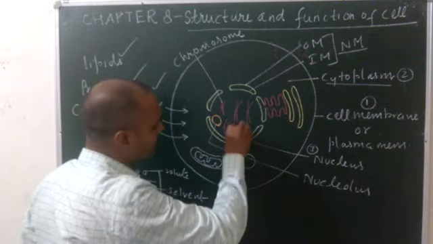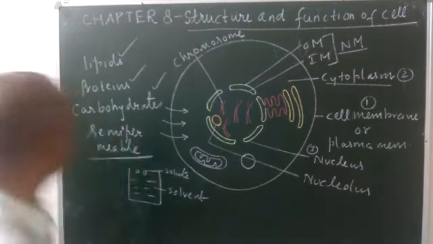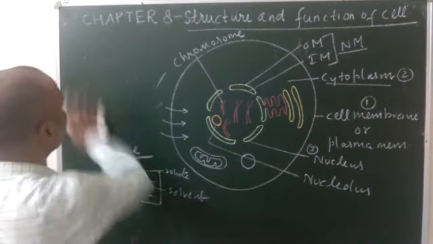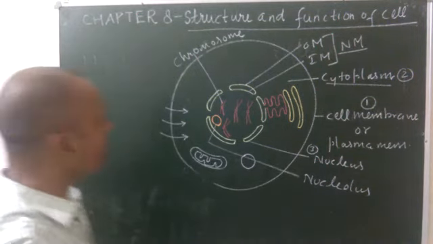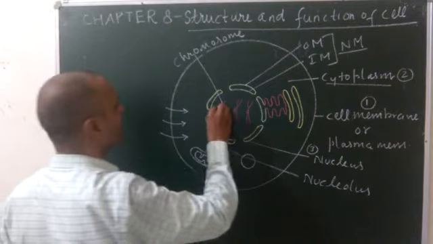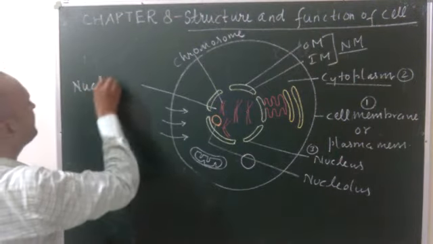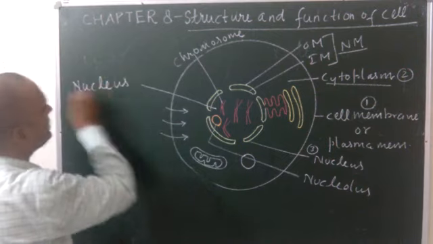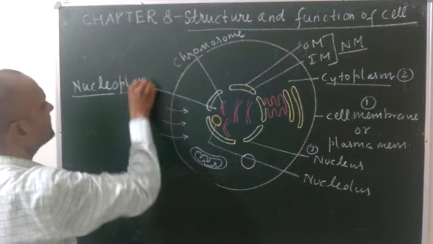The fluid of the nucleus is known as nucleoplasm. So what is cytoplasm? The fluid present between the cell membrane and nucleus is known as cytoplasm. And what is nucleoplasm? The fluid present inside the nucleus is known as nucleoplasm.